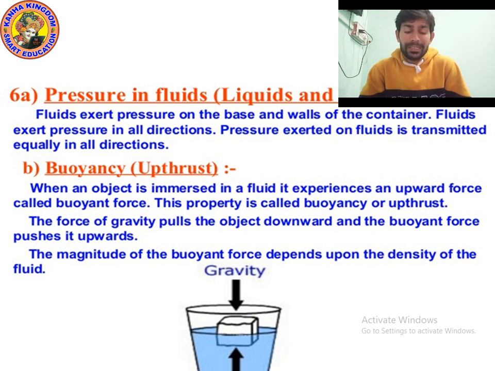You know that when anybody dies in the water, the dead body comes up to the water at the surface. Why? Because the fluid applies a pressure. Fluid always exerts pressure on the base and the wall of the container.